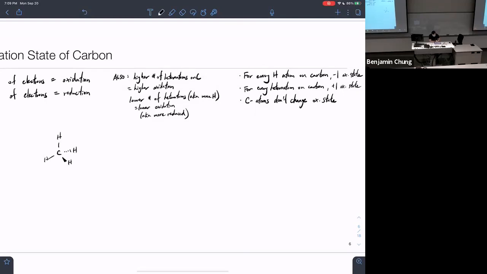So this is just methane. So we have 4 hydrogens attached to this carbon. So this carbon has a -4 oxidation state. Essentially, each of those hydrogen atoms contribute -1, and we have 4 of them. So that's why it's -4.